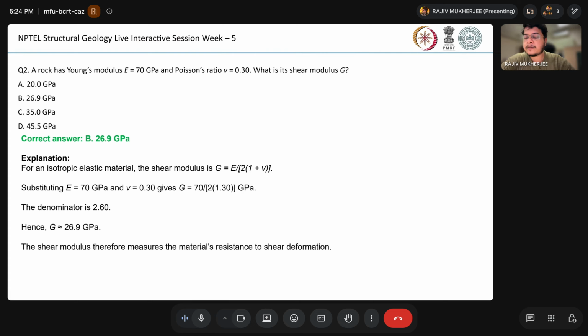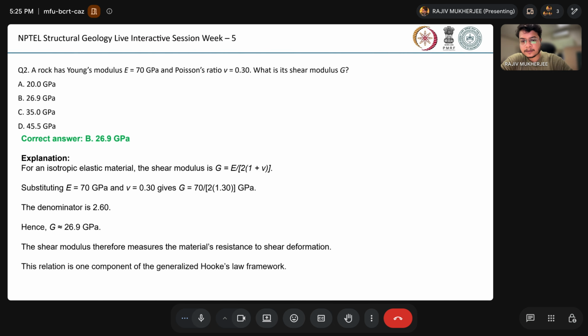By definition, the Young's modulus essentially reflects the resistance to axial deformation, axial compression or tension, and the rigidity modulus, or the shear modulus, describes the resistance of a material to shear deformation. Okay, so this was question number 2.